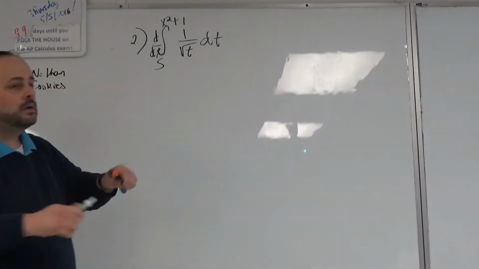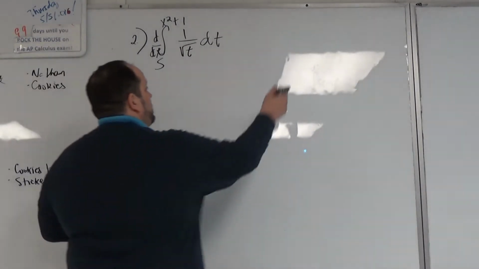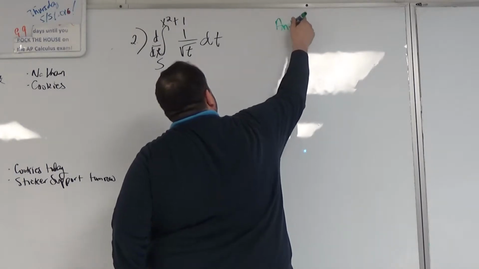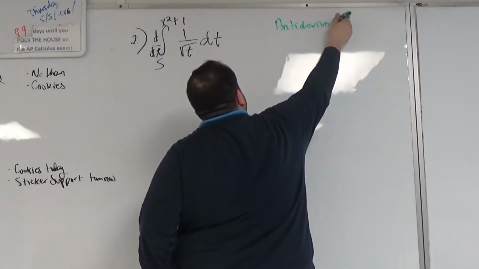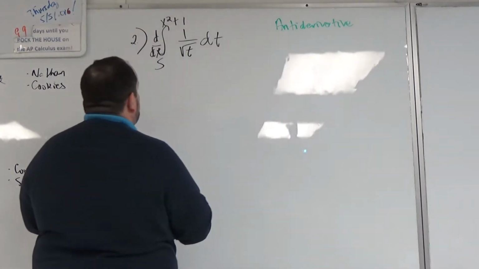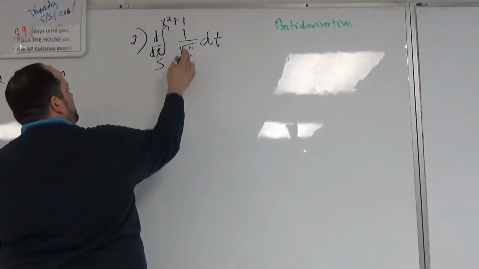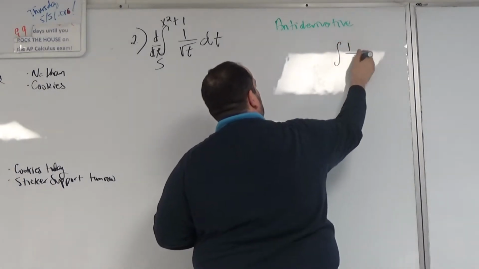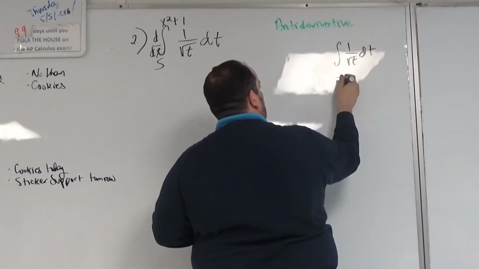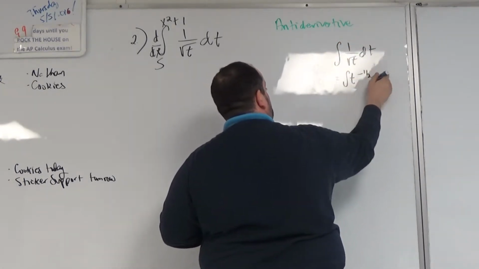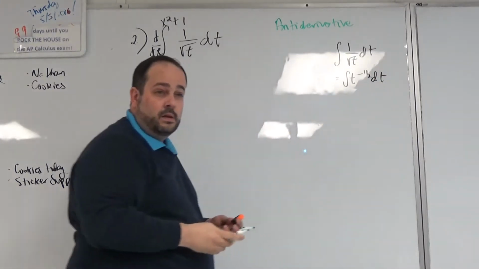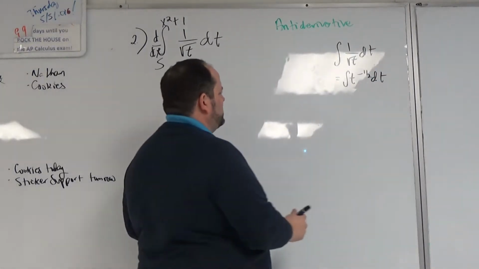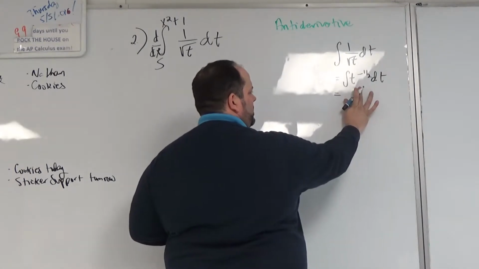Find the antiderivative. So go get me an antiderivative. Let's see, 1 over the square root of t. Let me do a little side work here. 1 over the square root of t is really the same thing as t to the negative a half dt. Abraham, what's the antiderivative of t to the negative a half?